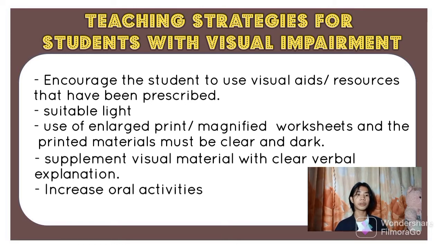Next is to consider the use of enlarged print and magnified worksheets; printed materials must be clear and dark. Next is to supplement visual materials with clear verbal explanation. And the last strategy is to increase oral activities.